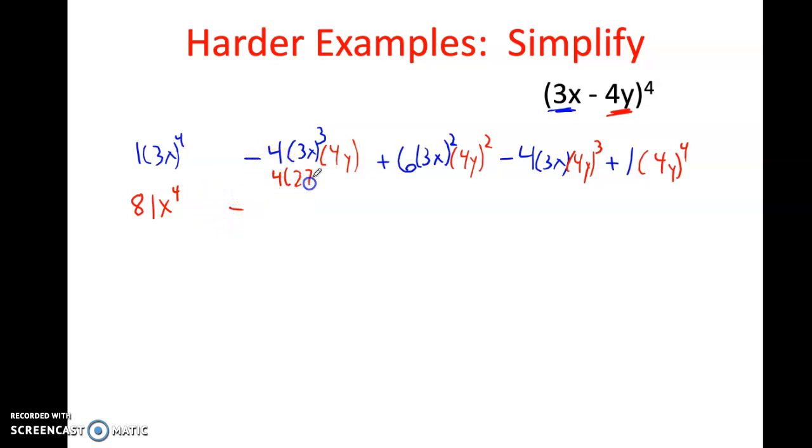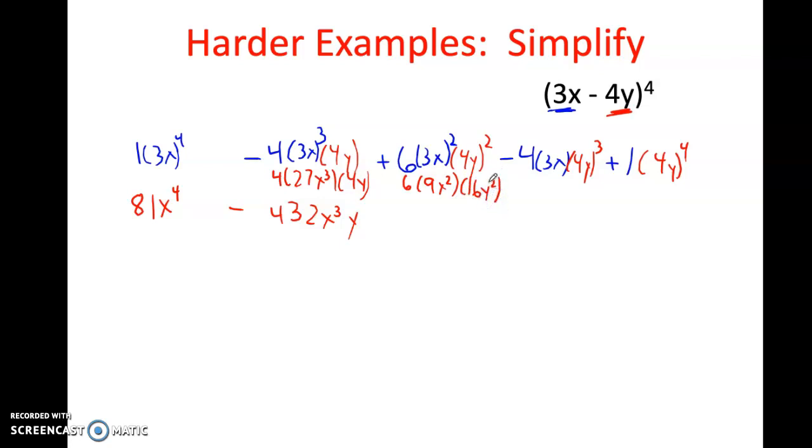4 times 27x cubed times 4y. So in my calc, I'm going to put 16 times 27, and we'll get 432 x cubed y. Here we have 6 times 9x squared, square the 3x, and times 16y squared.